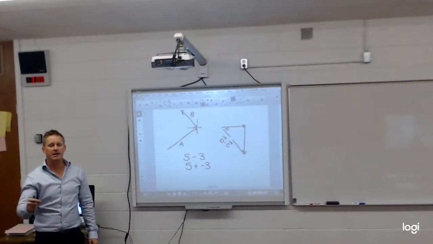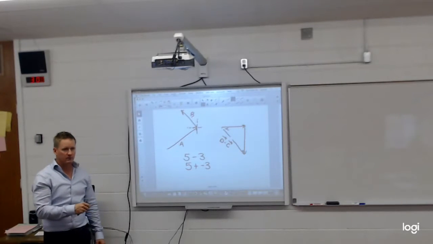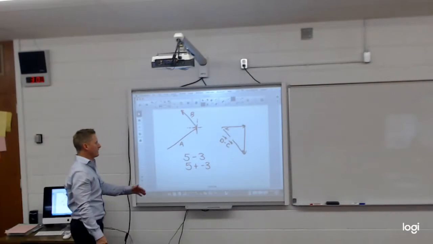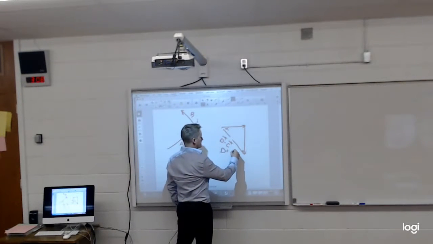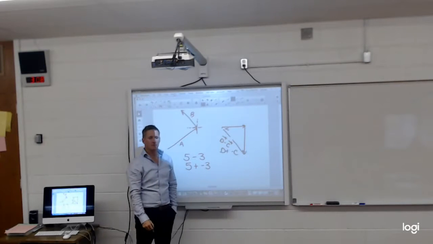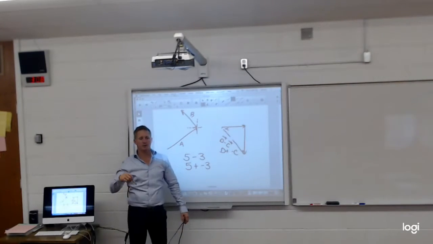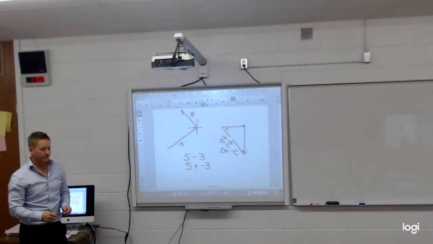So a negative east is west. A negative south is north. That's all I'm doing, just changing it by adding a negative in. So this was actually D plus negative C. C was north, negative C is actually the south direction. So that's why I do it that way.